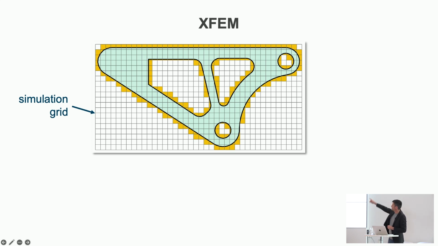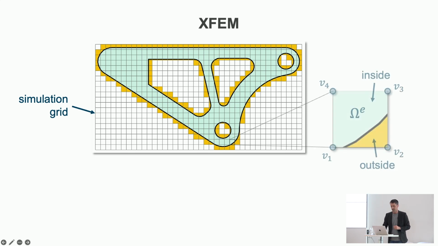So you can just take your object, put it, for example, into a regular grid, and it's fine if for certain elements, parts are inside and parts are outside. This method works in that case. And so you don't have a headache about meshing, or about finding a mesh that exactly conforms to the object's surface itself.